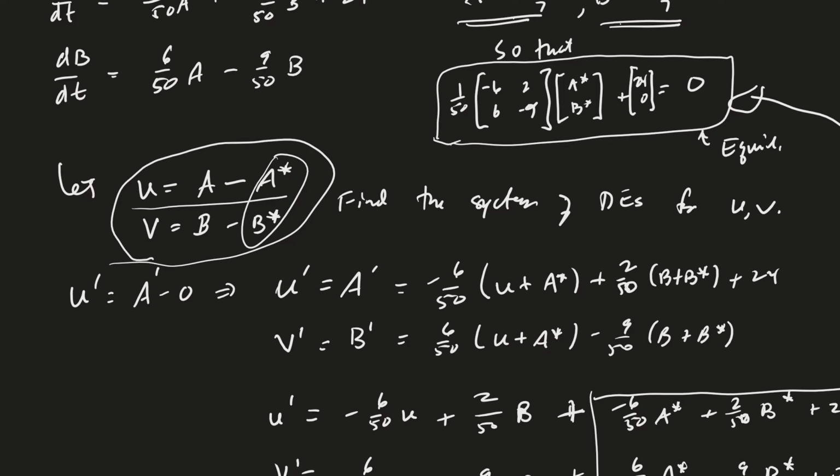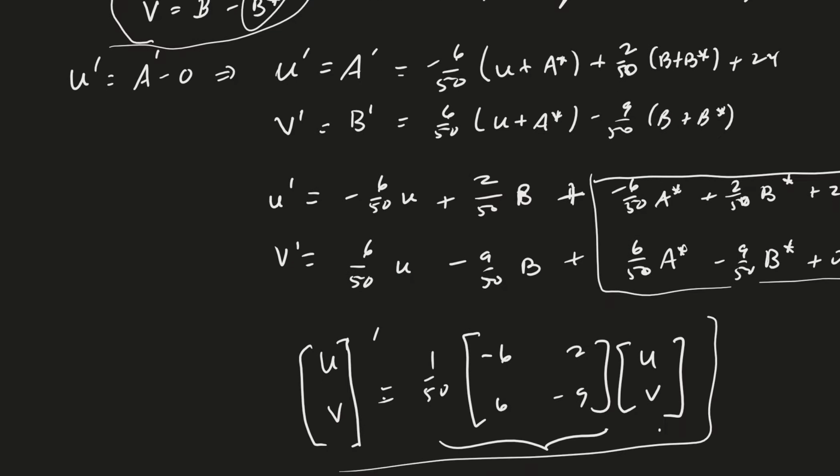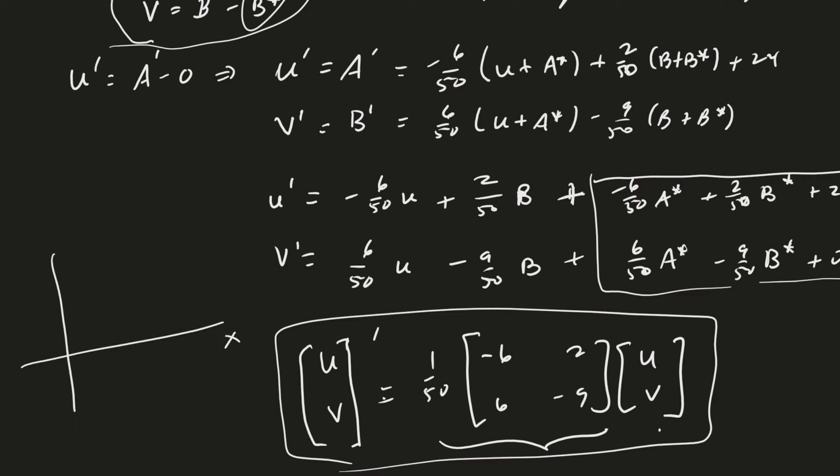You can shift coordinates so that your new coordinates have the equilibrium solution at 0, 0. So what we did here, you could think of this as like x y, and the equilibrium solution was sitting over here. But then we create a new set of coordinates, u and v, so that 0, 0 is the equilibrium solution. Okay.